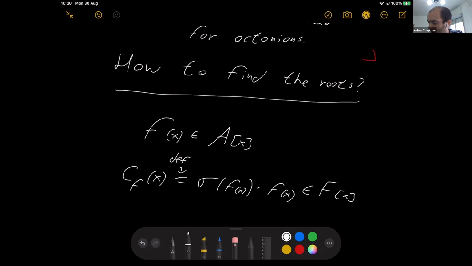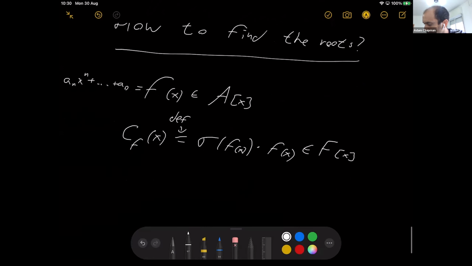If you want to get some understanding of what's going on here, if the polynomial is a_n x to the n plus whatever down to a_0, then for the highest coefficient you just get sigma a_n times a_n, times x to the n. This thing is the norm of a_n, which definitely lives in the field.